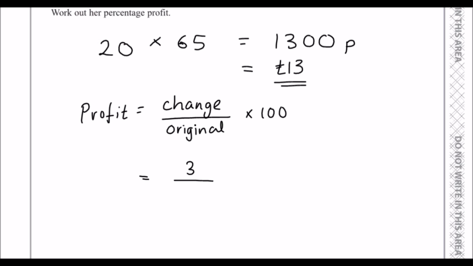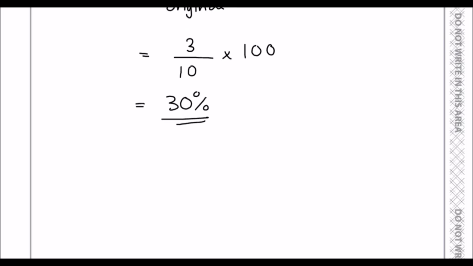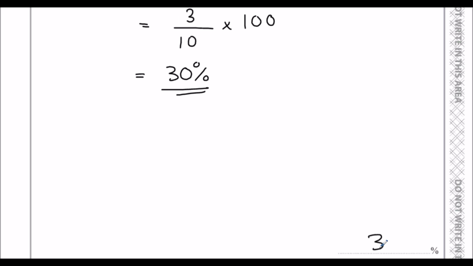Divide by the original, which was £10 she started with, times 100. So that's, well, 300 over 10, which is 30%. Or 0.3 times 100, 30 again. So 30% profit.